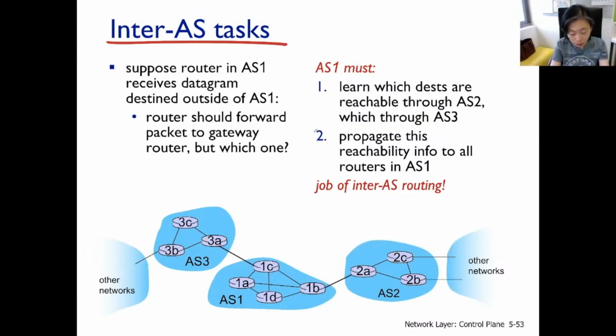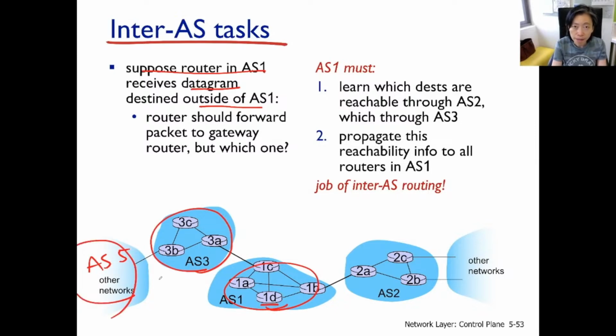With that said, we may now walk through the scenario here. Let's suppose a router in AS1, say 1D, has packets to send outside of the AS, let's say to AS5. Now, we see the shortest AS path will be AS1, AS3, and then AS5.